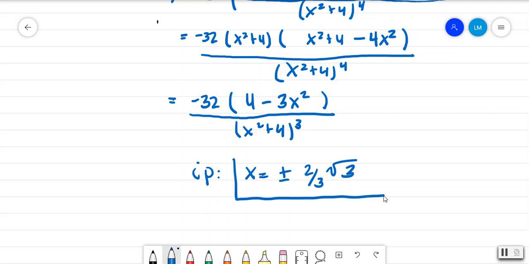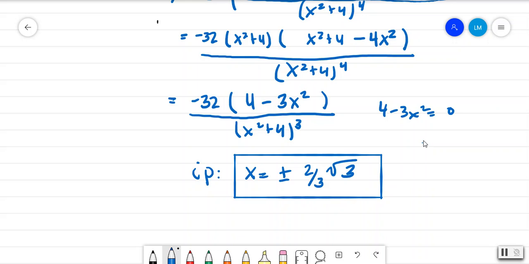The way that I found that was that I just said 4 minus 3x squared is equal to 0. So in this case, we can go ahead and say that, okay, that's what the inflection points are.